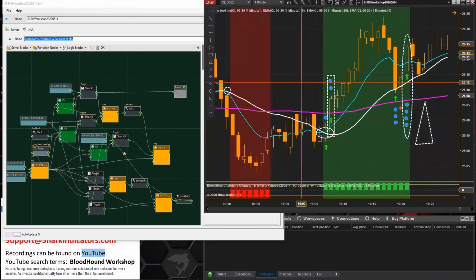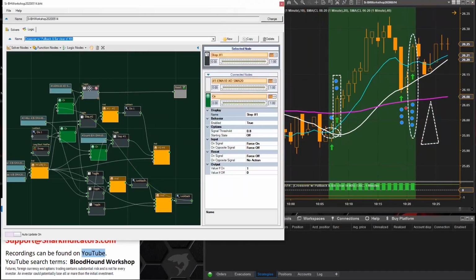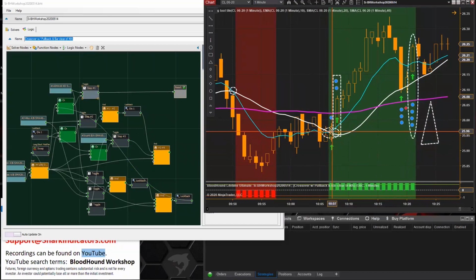There. All right. That's exactly what I wanted to see. So remember, this is the toggle node for step number 1. Step number 1 is our fast moving averages crossing over each other.